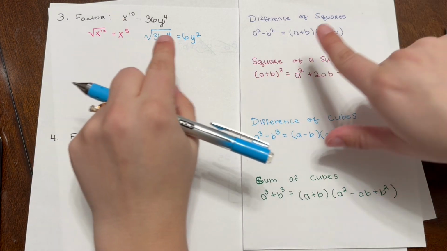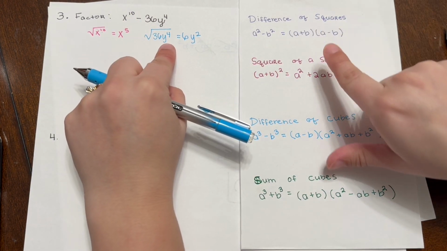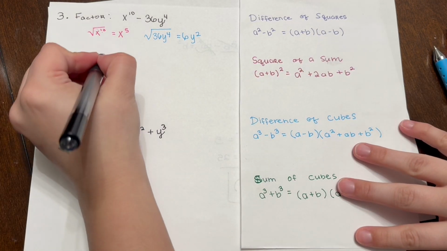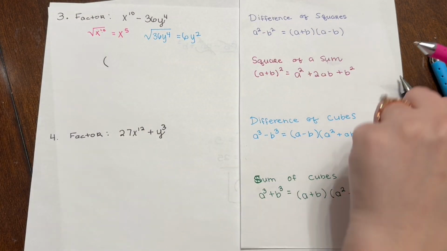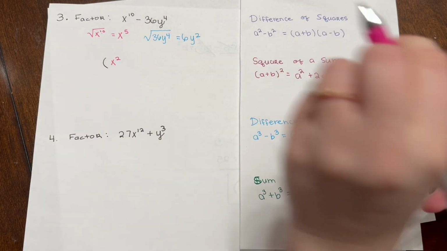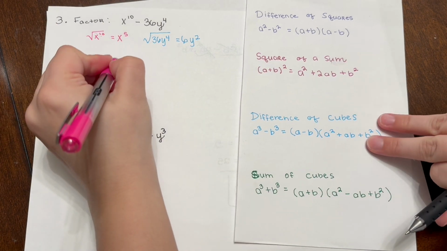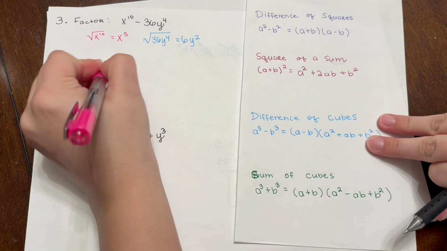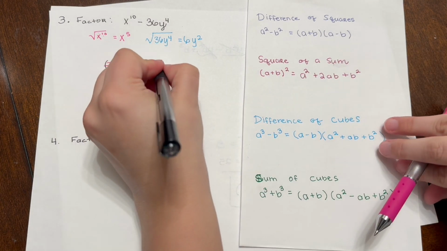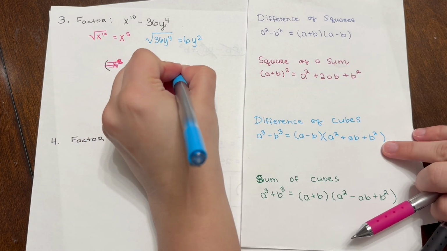All right, so we have a difference, we have a minus sign, and we have two perfect squares, so we're going to follow this formula. So we're going to have our parentheses. We're going to have x to the 5th plus 6y squared.